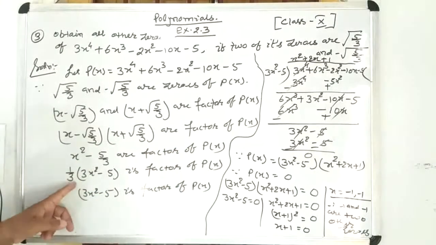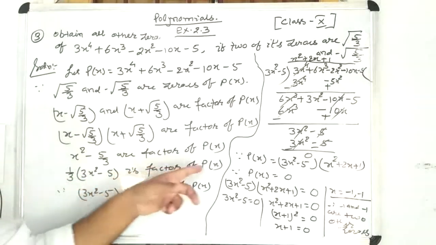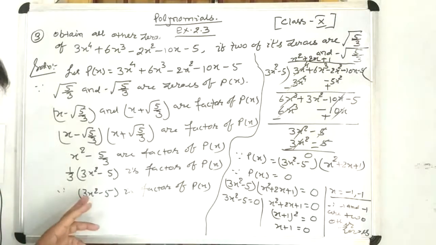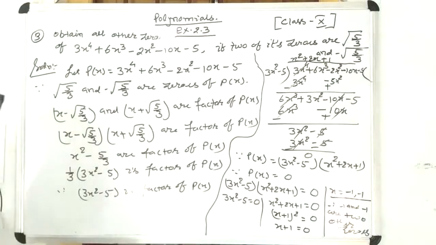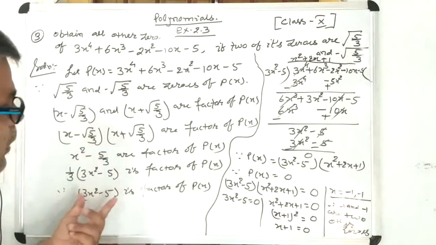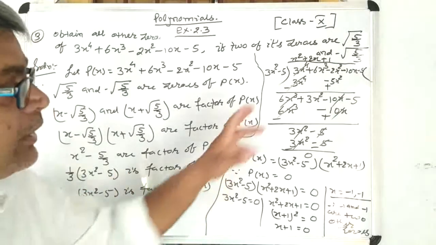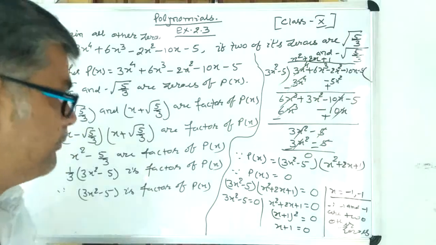Now taking 1/3 as common, so 3x² - 5 is also a factor of p(x). Since 1/3 is a constant, 3x² - 5 is a factor of p(x). And when it is known that 3x² - 5 is a factor of p(x), then divide p(x) by 3x² - 5.